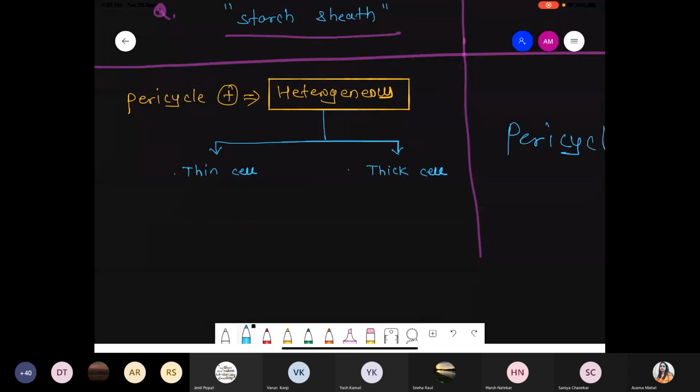When we are talking about the thin cells, these are made up of parenchyma tissue, while thick cells are made up of sclerenchyma tissue.